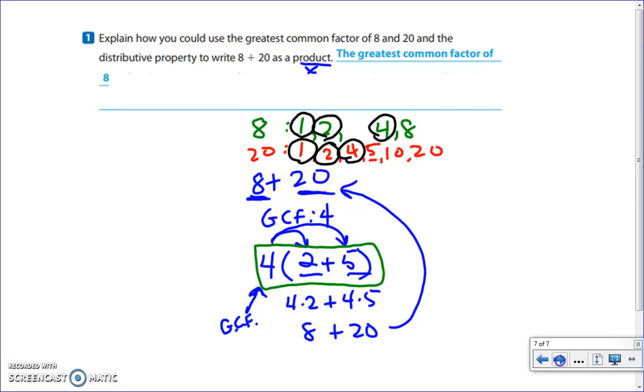The greatest common factor of 8 and 20 is 4. And we know that 4 times 2 is 8 and 4 times 5 is 20. So you can write that as 4 times the quantity, when I say the quantity, I'm talking about parentheses, 2 plus 5. All right, so that's it for today.